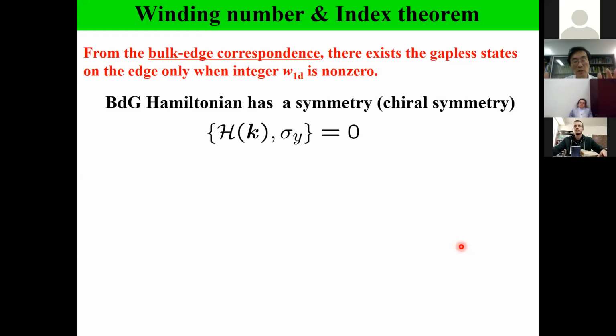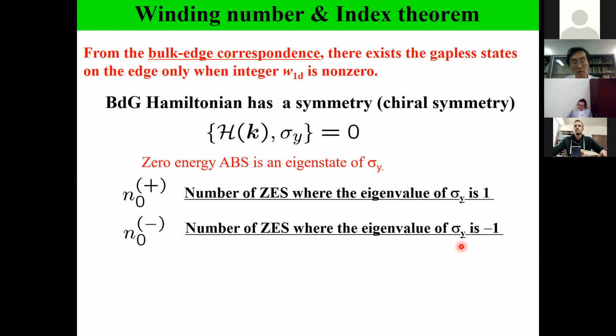In this BdG Hamiltonian, some operator exists which anti-commutes with the original Hamiltonian. It is the so-called chiral symmetry. If such an operator exists, the zero energy Andreev bound state is also an eigenstate of the chiral operator, which anti-commutes with the Hamiltonian. In this Hamiltonian, this chiral operator becomes sigma y.